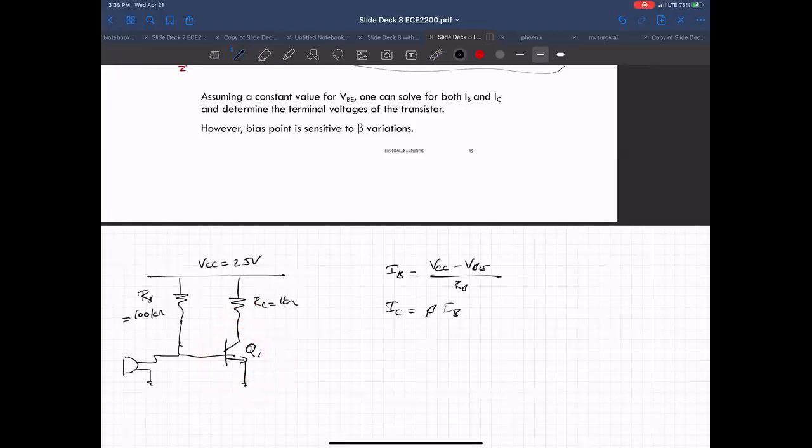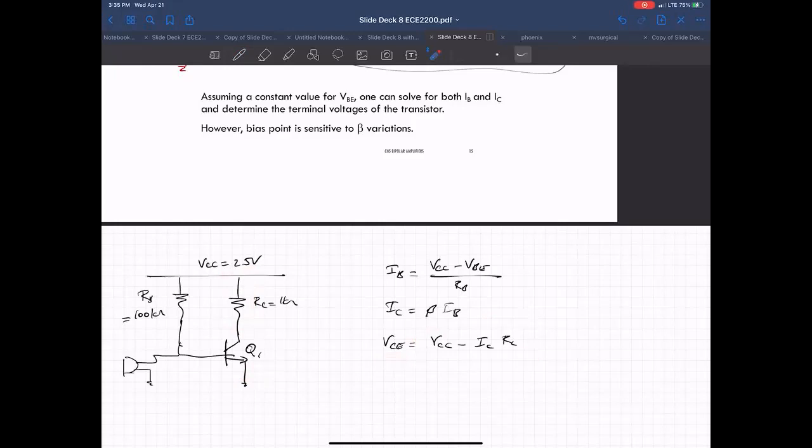So we also need to look at the end of our calculations, double check that we're at the right level. So that's VCC minus I sub C, R sub C. So it's the supply voltage minus the voltage drop here, sets your collector voltage. And the emitter voltage is at 0, so VCE just ends up being this voltage here. That's to double check that the device is in forward active.